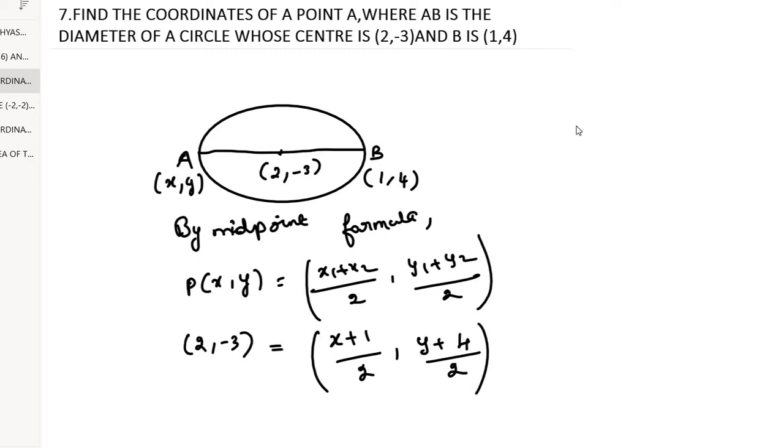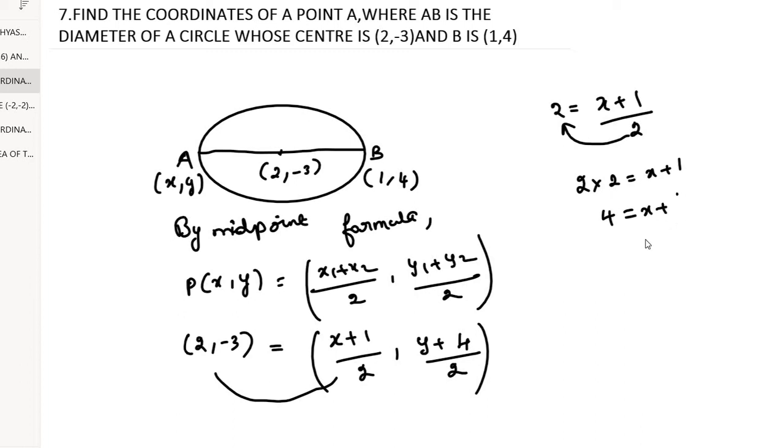When I equate these two, what will I get? 2 is equal to (x plus 1) by 2. So 2 into 2 is equal to x plus 1, that is 4 is equal to x plus 1. 4 minus 1 is equal to x. Therefore x is equal to 3.